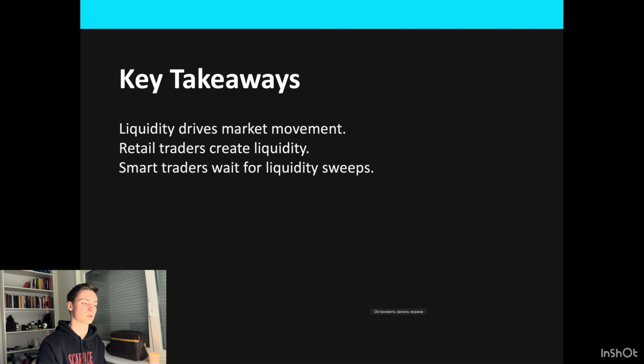If you know how institutions trade, with pure logic, that they need opposing liquidity to enter a position, then you can trade with them. You can wait for nice liquidity sweeps along with your context and your strategy. It makes your trades much better and much more accurate. And what I have noticed from my trading career is that it is crucial in trading.